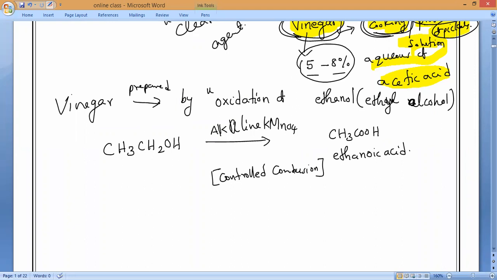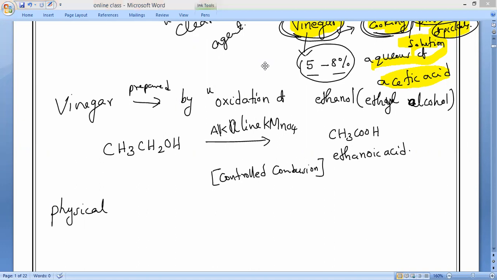Now, all of you observe, if we take the physical properties of ethanoic acid or acetic acid. Here we use KMnO4, potassium permanganate.